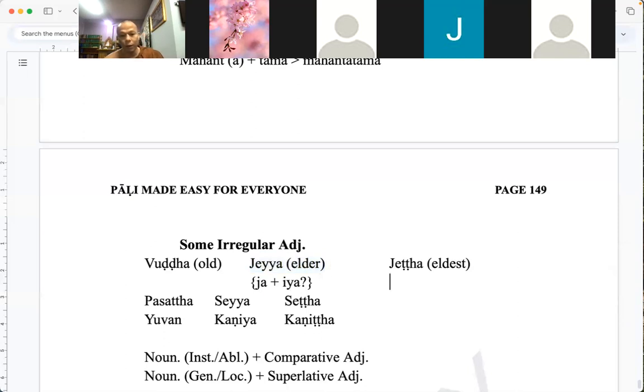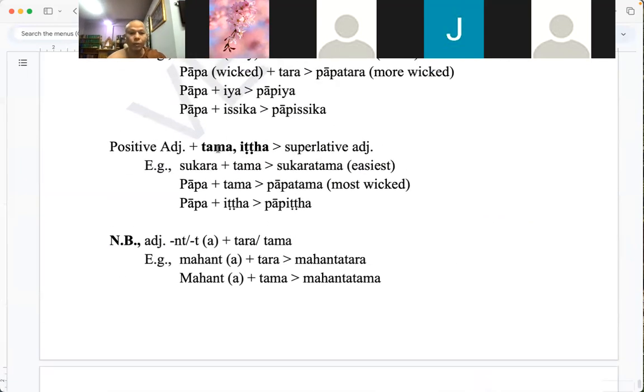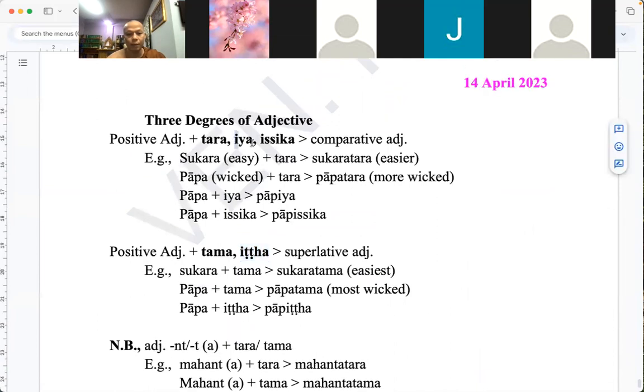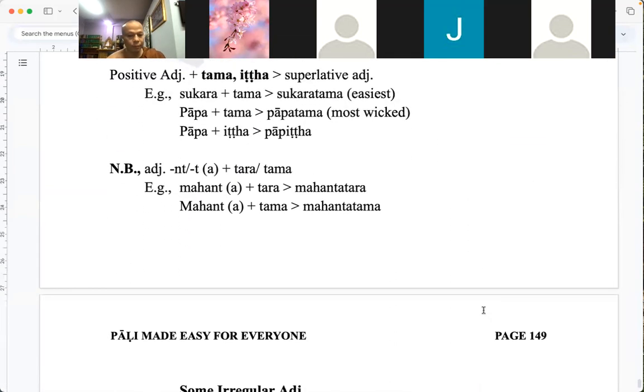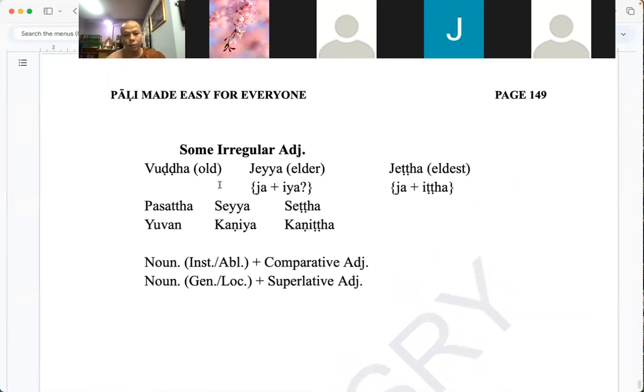The same way in the superlative form also maybe ja and the iṭṭha. So i is changed to the a, jeṭṭha. So very related to this iṭṭha suffix and here iya suffix. But these ja come from where we don't know. They're not related to the word vuddha, anything. So that is why they are called irregular.